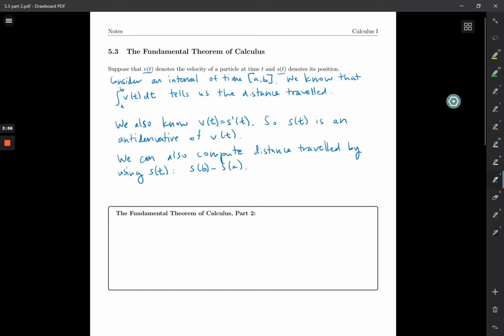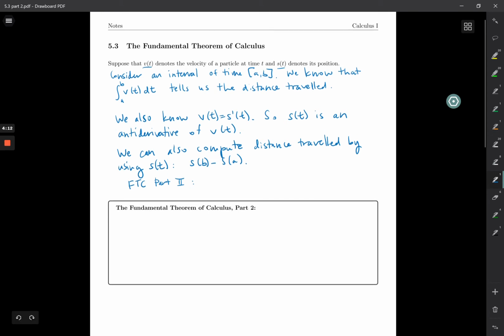And so the fundamental theorem of calculus, part 2, I'll write it out, will be more general and we'll state it in a second, but in the context of this problem, it just says that these two things that we said both tell us the distance traveled, they're equal, right?